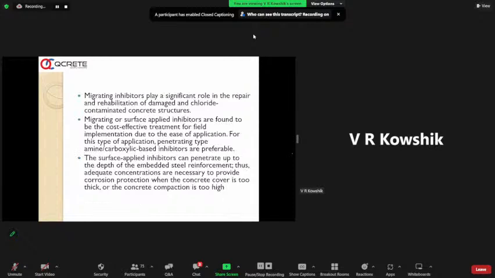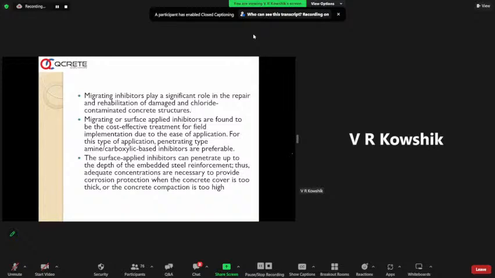Migrating inhibitors play a significant role in the repair and rehabilitation of damaged structures also. Migrating or surface applied inhibitors are found to be cost-effective treatment for field implementation due to the ease of application. For this type of application, penetrating type amine carboxylic based inhibitors are preferable. The surface applied inhibitors can penetrate up to the depth of embedded steel reinforcement, thus adequate concentrations are necessary to provide corrosion protection.